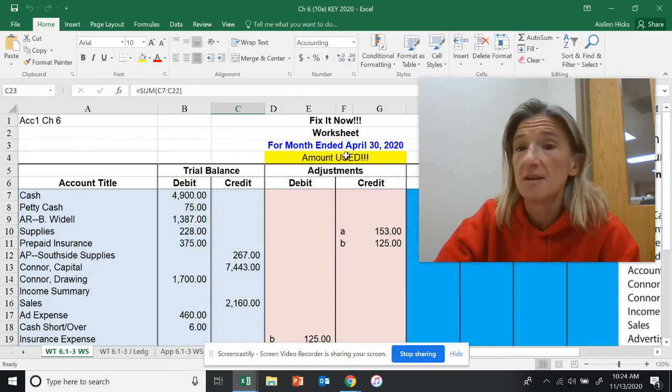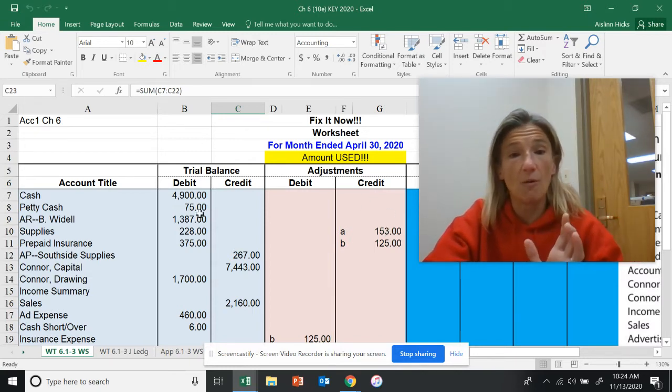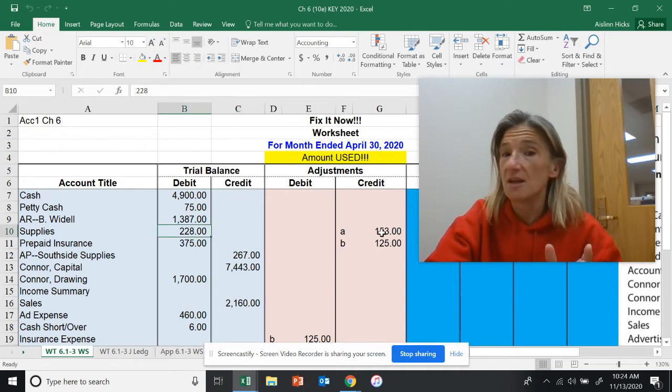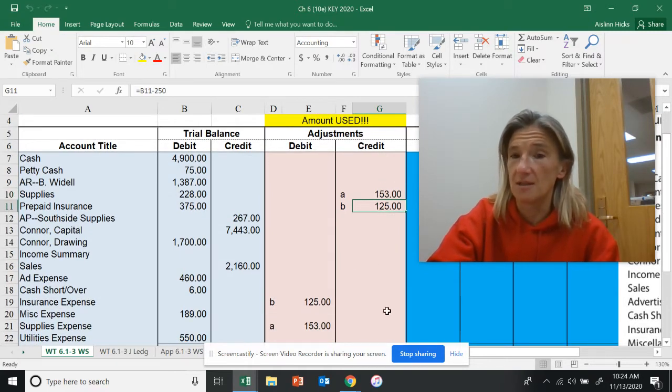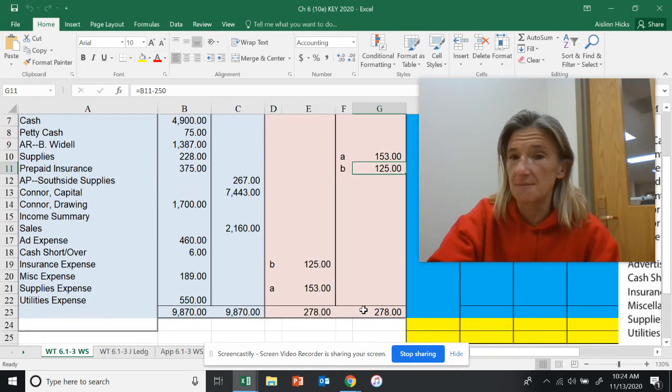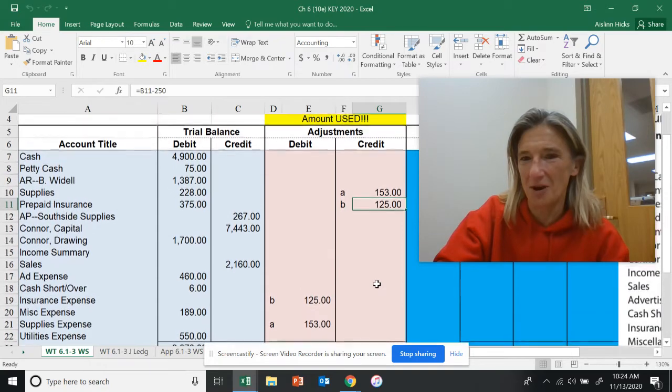Not the amount left, the amount used up. We were told the amount left, and to figure out the amount used up, we took the value in the trial balance, subtracted the amount left, and that gave us 153 and 125, and then we debited the expenses. Easy peasy, okay? So those were the first two steps of our worksheet.